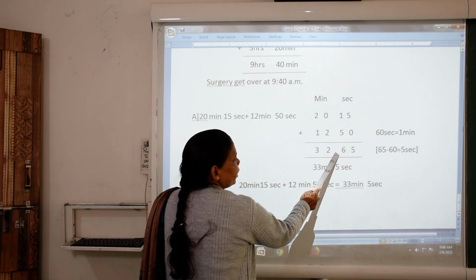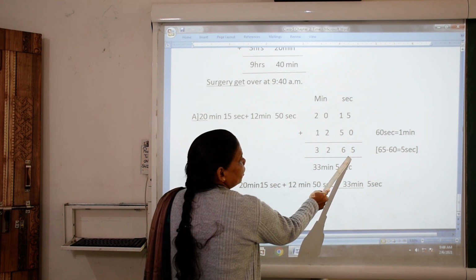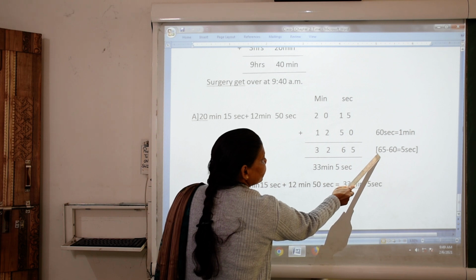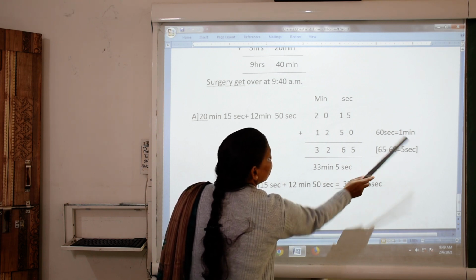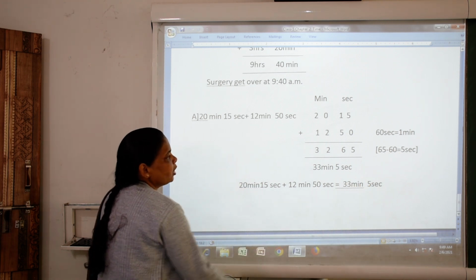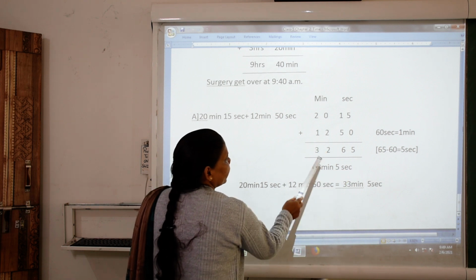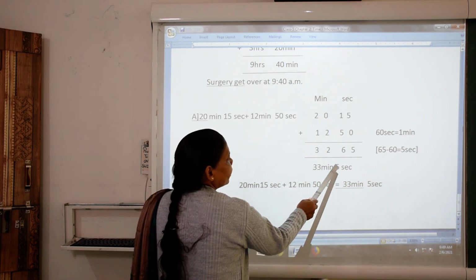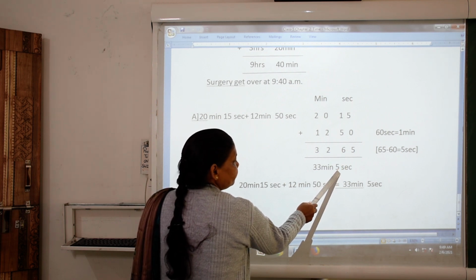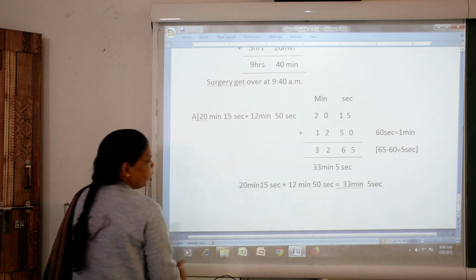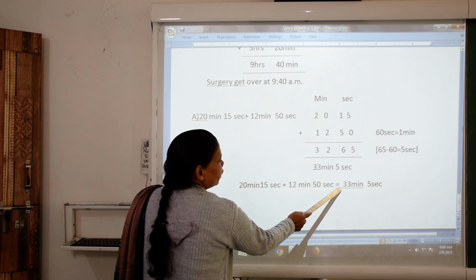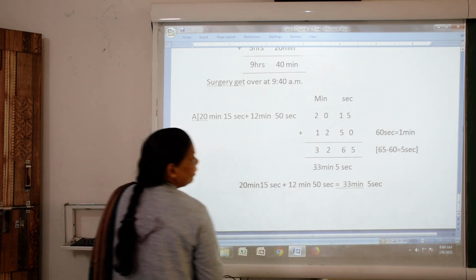Only 60 seconds. So here 5 is more. So you have to minus 60 from the 65. What is remaining here? 5 seconds is remaining. So you will give the 1 minute to the minutes, so 32 becomes 33 minutes and here 5 seconds. So 20 minutes 15 seconds plus 12 minutes 50 seconds is equal to 33 minutes and 5 seconds.